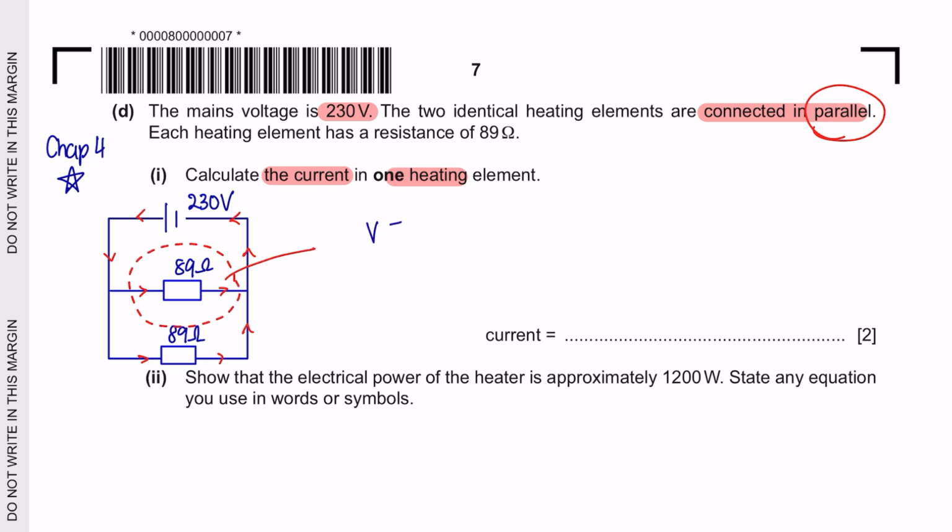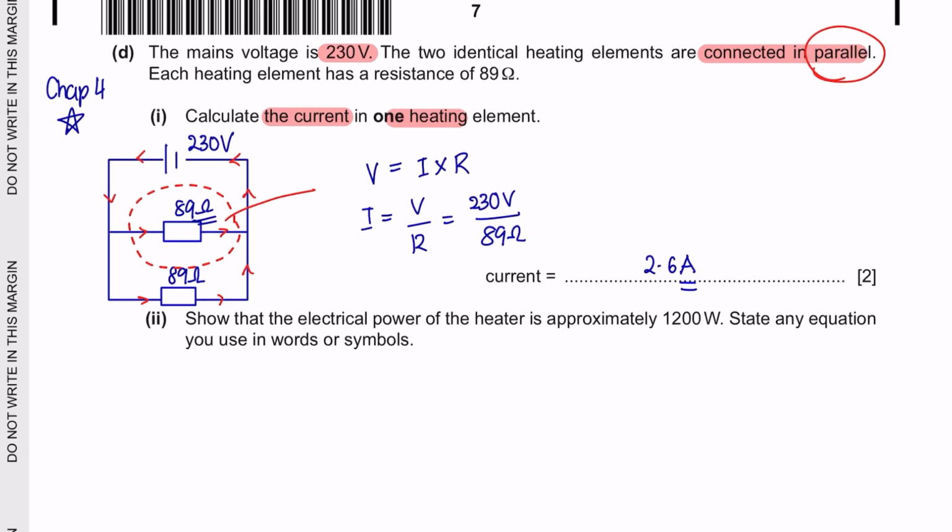To calculate that, we can use Ohm's law. Rearranging this formula, we get voltage over resistance. The voltage that passes through this heating element is 230 volts and the resistance is 89 ohms, giving us the current in two significant figures, 2.6. And remember, the unit for current is ampere. Please do not forget to include your units in your final answer.